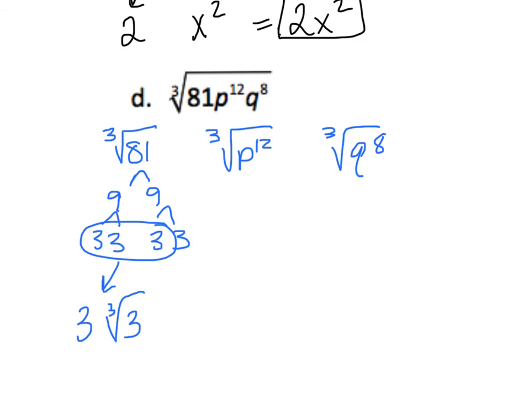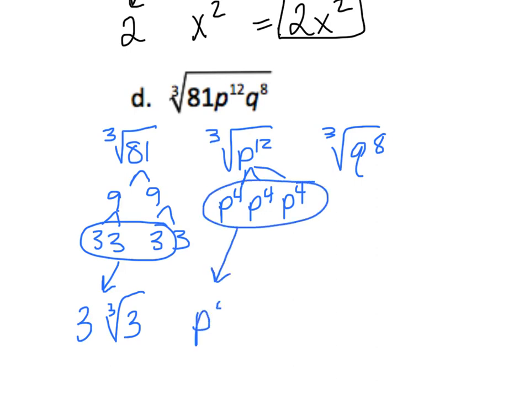For p to the 12th, you can break this down into p to the 4th, p to the 4th, and p to the 4th. Right? Looking for groups of 3 that are the same, you got p to the 4th that comes out with no root. Q to the 8th can be simplified as q squared times q squared times q squared times q squared.